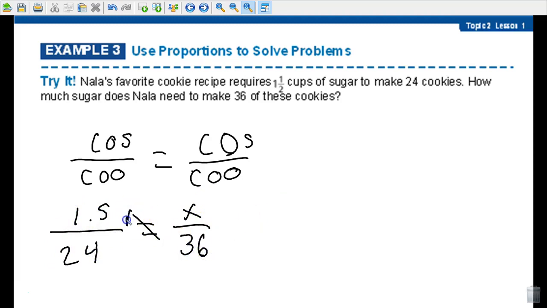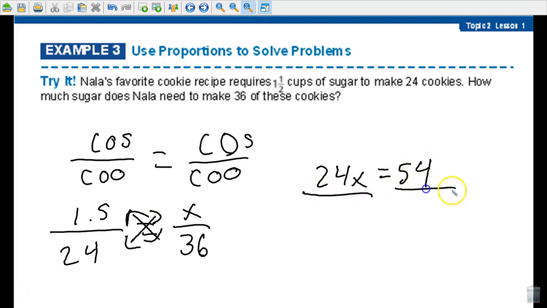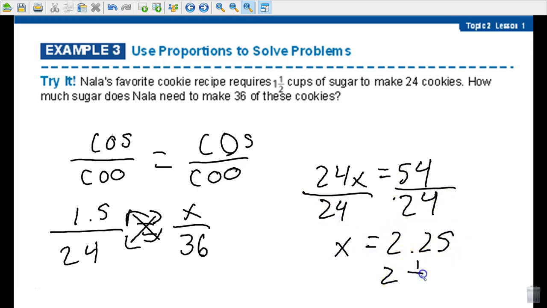So we have to cross multiply, and we get 24x equals 36 times 1.5, which will end up being 54. We divide both of these by 24, and we get x equals 2.25 or 2 1/4.